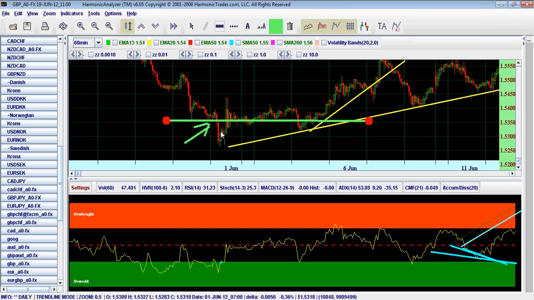And then it's not until this point where we even consider the execution of the trade, of the long position.